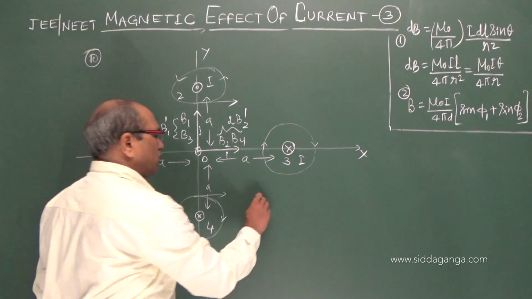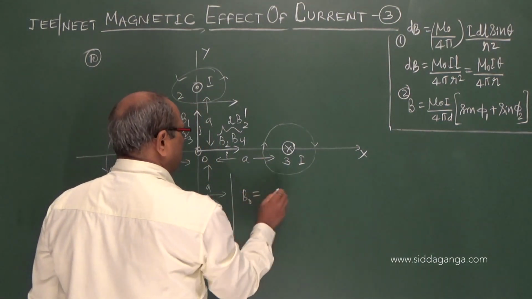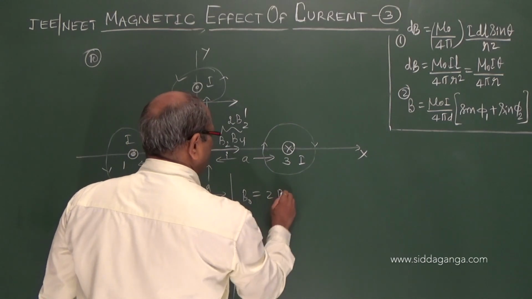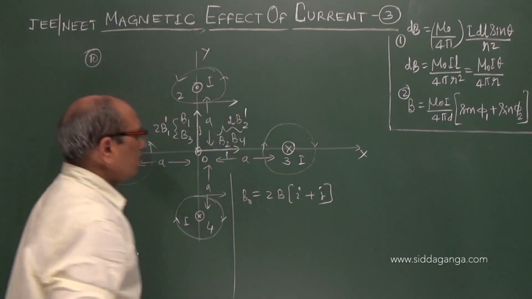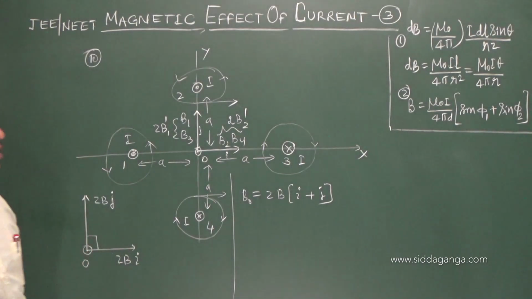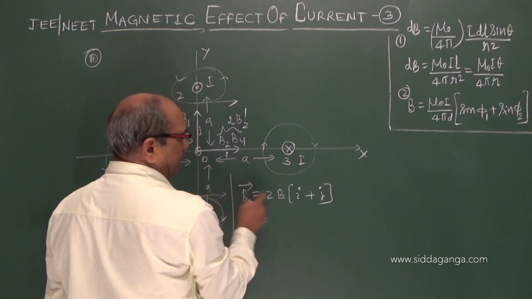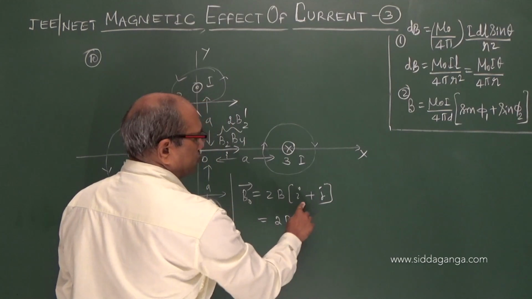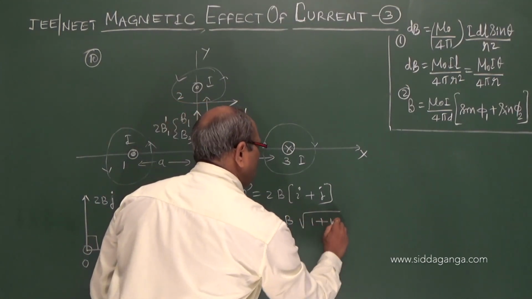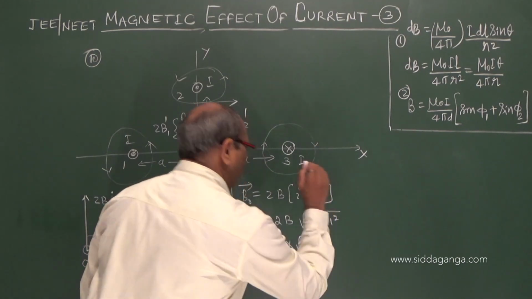Sometimes in entrance exams the question may appear like this: 2B into I plus J. But if you want the magnitude, 2B into square root of 1 plus 1 square, that is 2 root 2 B.